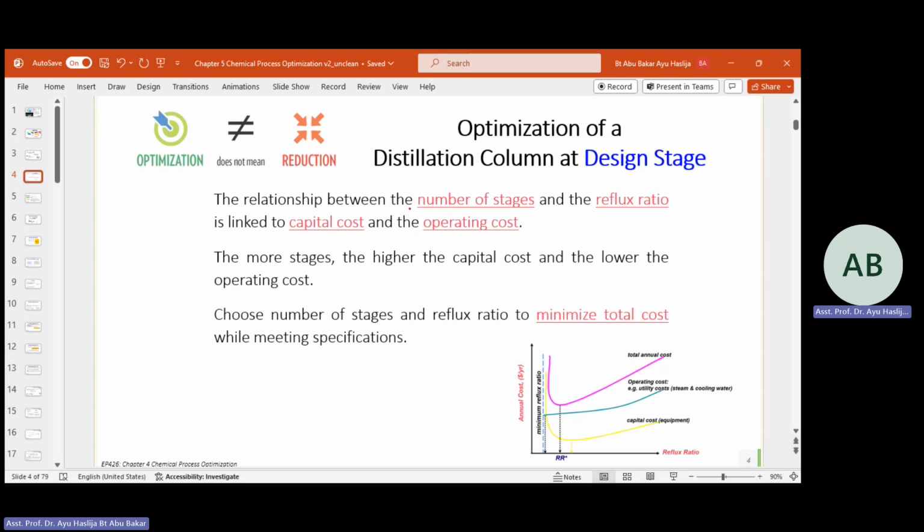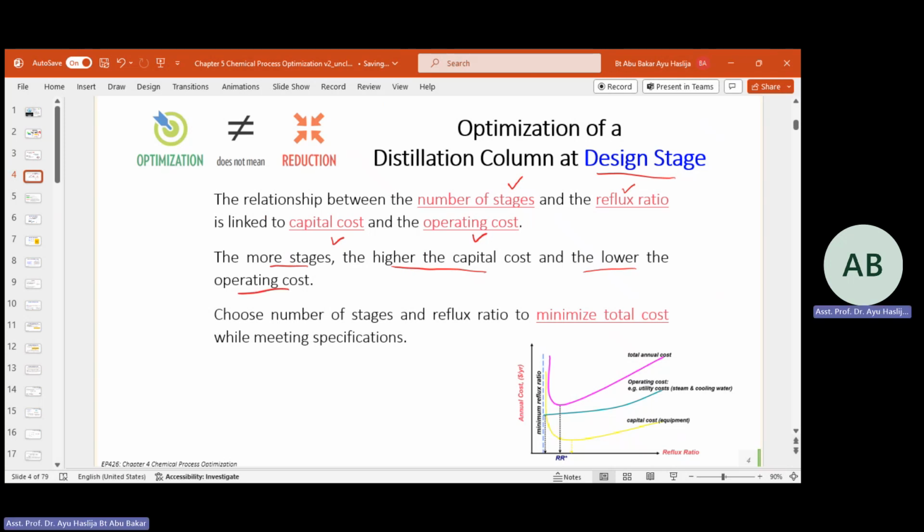Now, optimization of a distillation at the design stage. For example, here we have the relationship between the number of stages and the reflux ratio. Both of these, number of stages and reflux ratio, are linked to the capital cost and also the operating cost. The more stages, the higher the capital cost and the lower the operating costs.